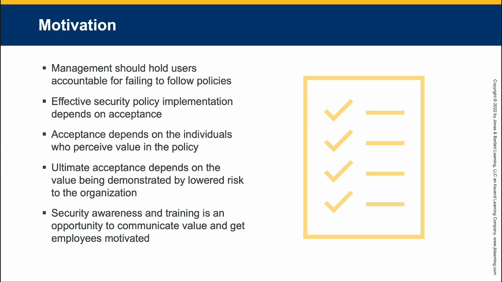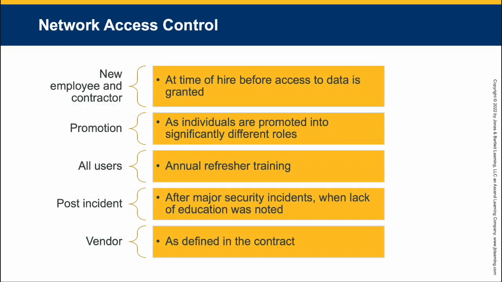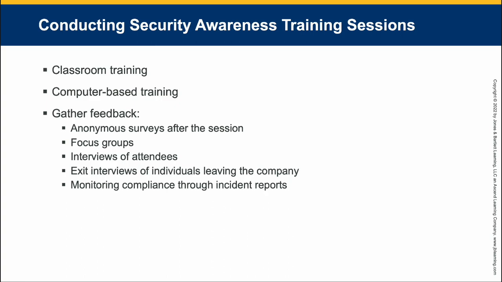So next we have network access control. We have things like data granted for new employees, promoted, the different roles, all users, for example training, post incident, also vendors and contractors. In terms of training and awareness, it could be classroom, computer based, survey, focus group, interviews, exit interviews, reporting.